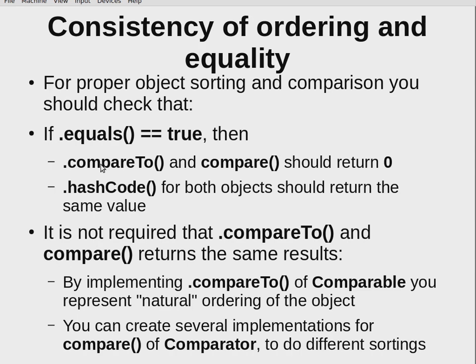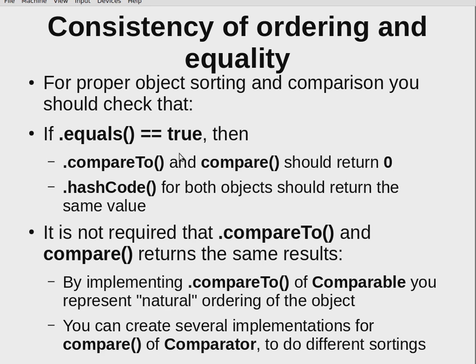And then you have to be consistent in implementing all these utility methods: equals method, compareTo, hash code method. So if equals returns true, then compareTo method should return 0.